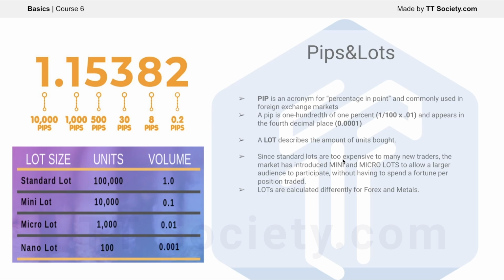Since standard lots are too expensive to many new traders, the markets have introduced mini and micro lots to allow a larger audience to participate, you guys, without having to spend a fortune per position traded. So lots are calculated a little bit differently for Forex and metals, meaning the thing that we're going to focus on is the volume here.